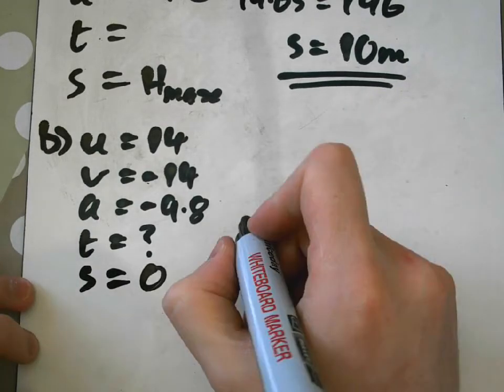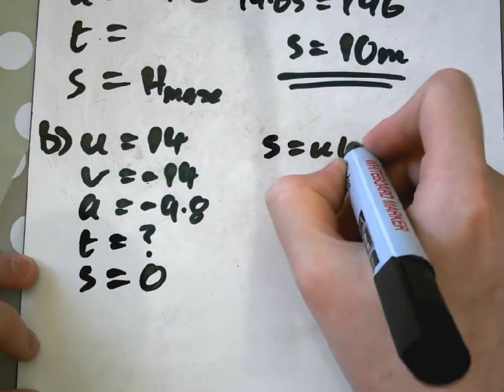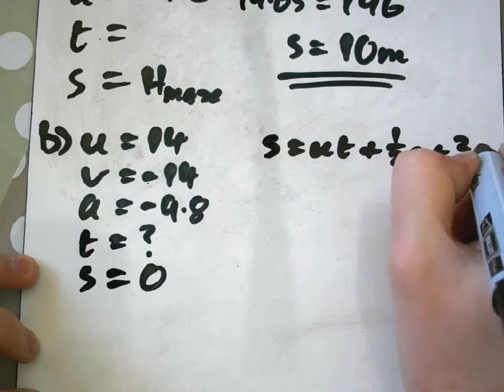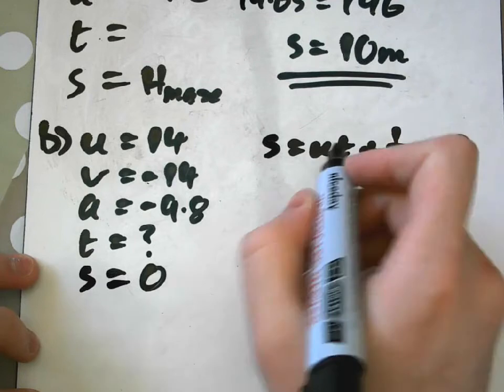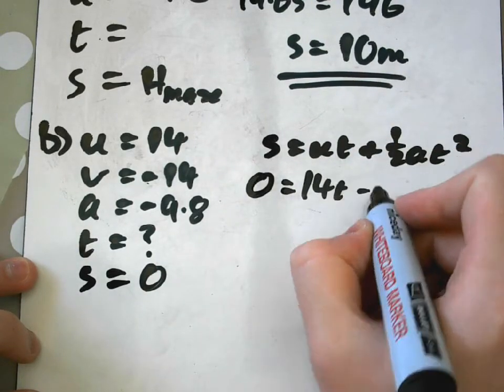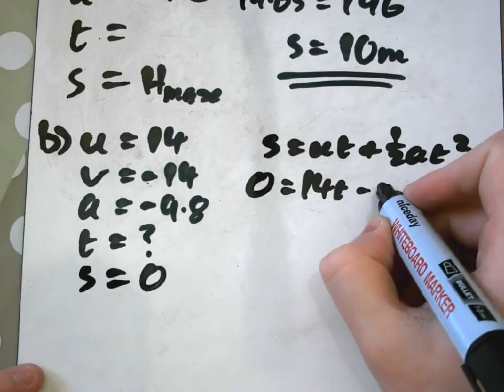Okay, what we're going to do there is, again, choose our equation of motion. I'm going to go with s equals ut plus half at squared. So we're going to say that 0 is 14t minus half of 9.8 is 4.9.